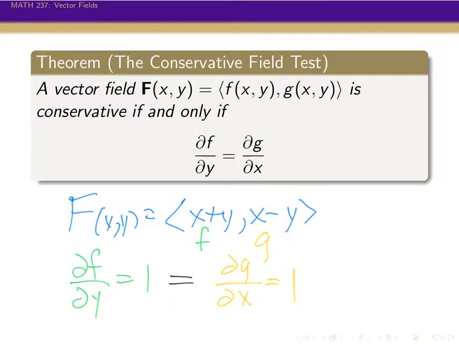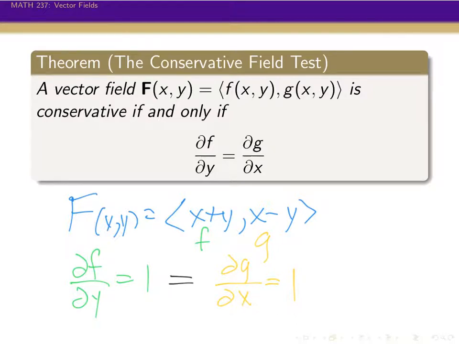So this is actually a much quicker way to show that something's conservative, rather than trying to integrate up and figure out what the potential function is, right? This is useful if you're trying to figure out if something is conservative, because if you're not sure, integrating can take a long time.